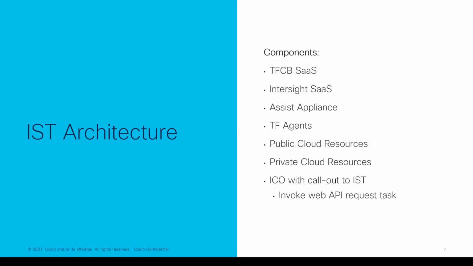All right, so what is IST architecture? The components, we're just going to go down the list. You've got to have a Terraform Cloud for Business SaaS subscription. So you've got to have an account. You go in, you create your organizations, your teams, your users, your workspaces, and so on. You're also going to need an Intersight SaaS subscription.